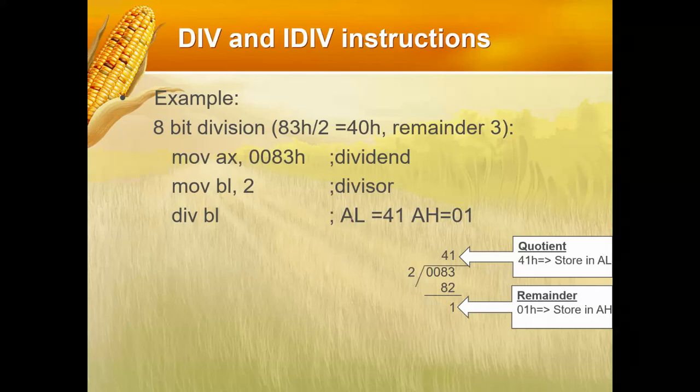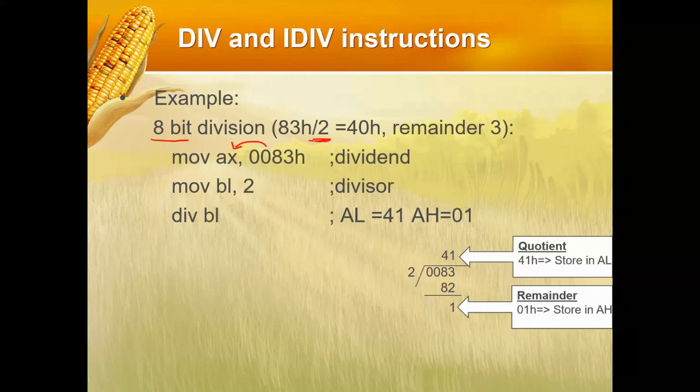So you move 0083H to AX, as the dividend. This is an example of DIV instructions using 8-bit.